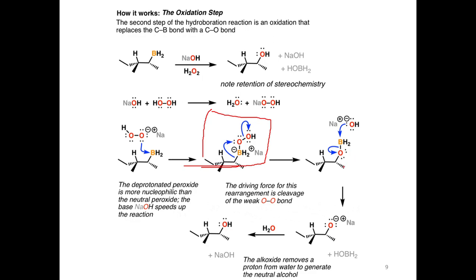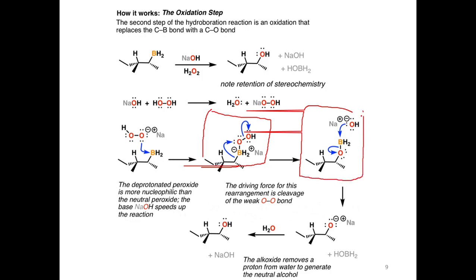The driving force for this rearrangement is cleavage of the weak oxygen-oxygen bond, because oxygen-oxygen bonds are weak. They are homoatomic, with the same electronegativity, so the bond is weak. After breaking this bond, the rearrangement takes place, and we get this as an intermediate.